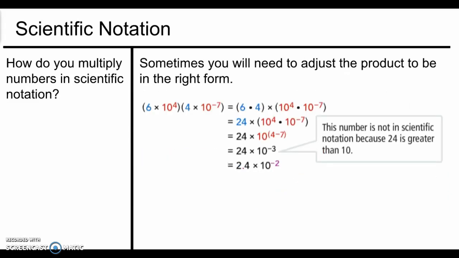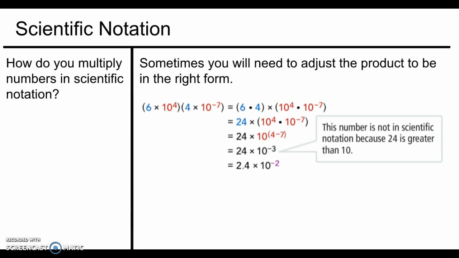Sometimes we will need to adjust the products to be in the right form. As you look at this example, we have 6 times 10 to the 4th power times 4 times 10 to the negative 7th power. We take our first factors, which are 6 and 4, and we group those together.